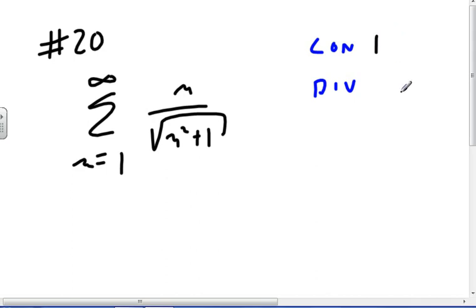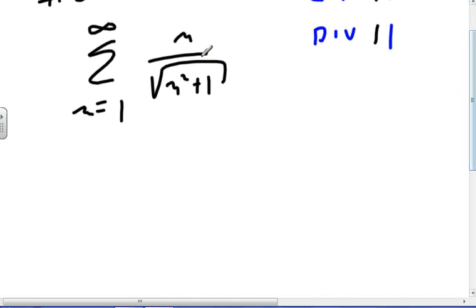Okay, 1 for converge. Okay, diverge. 1 for diverge. Eric, you're the tiebreaker. I don't know. I'll say converge. Converge. Okay, the instructor is going to go with diverge. All right, why is that? Well, because I have the same order on top and bottom. That's why I'm going to say that.